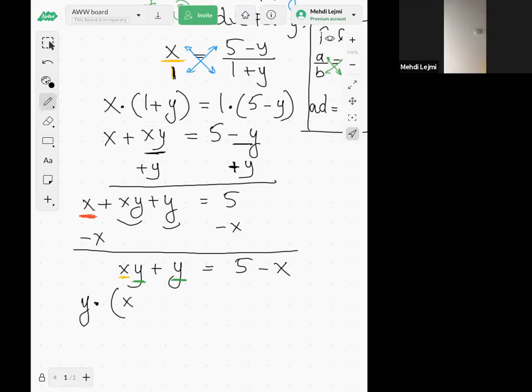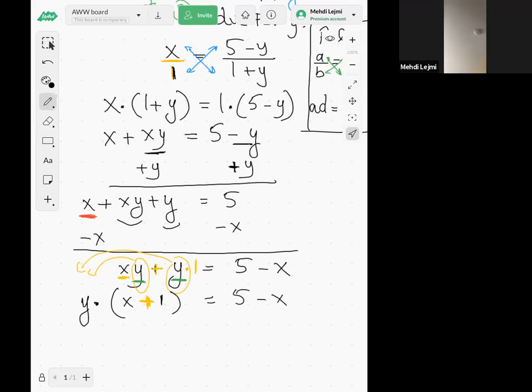So again, you factor out this y here. So here you're left with the x, and there's a plus, and here, if you factor out your y, then you are left with, because it's y times 1, right? So you are left with 1, so it's plus 1. Okay, equals 5 minus x.